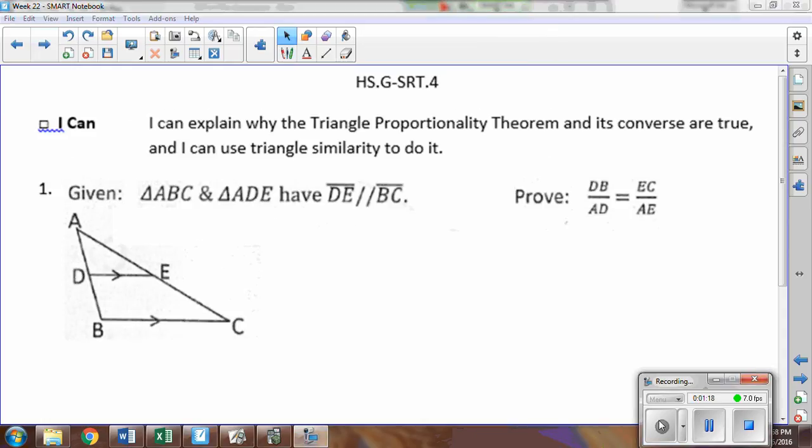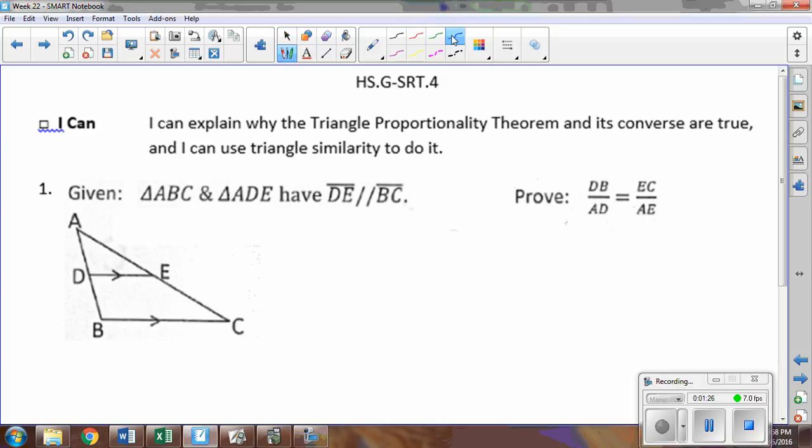Now, before we look at proving it, I'd like to help us understand a little bit what's going on with this particular thing. We have seen before, based on similar triangles, that we can use similar triangles to create proportions.